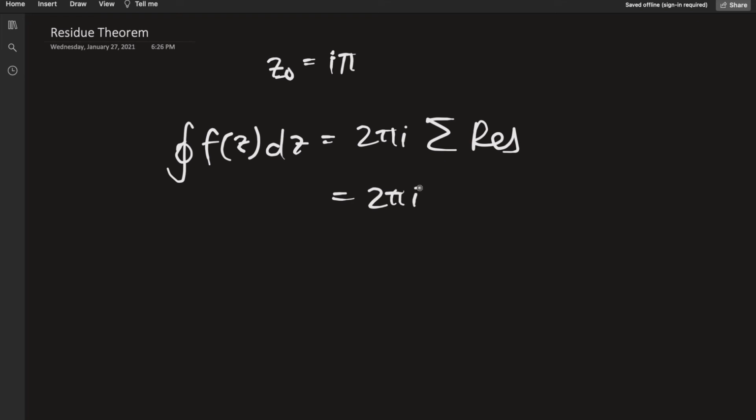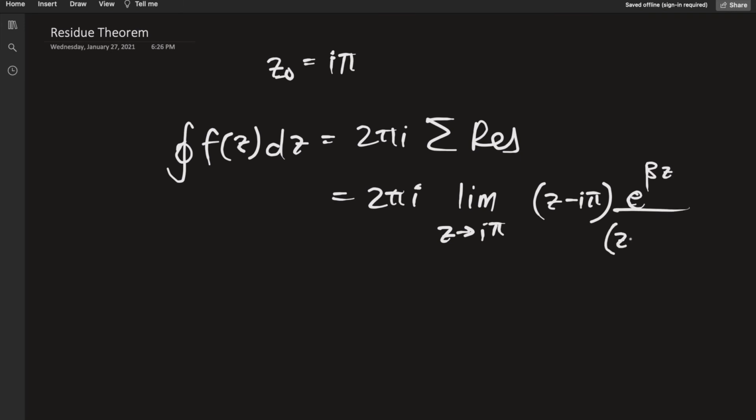So 2 pi i, this is just one pole, so one residue. Limit as z goes to i pi, z minus i pi, e raised to beta z over z squared plus pi squared.